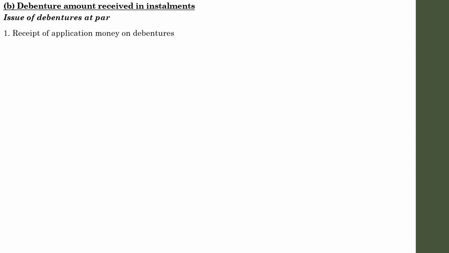At the time of receipt of application money on debentures, the entry will be bank account debit to 14% debenture application account. For the time being, I am using just an example. 14% is not the fixed rate. Usually the entry will be bank account to debenture application; instead of writing debenture application alone, I am writing a rate, for understanding purposes only.